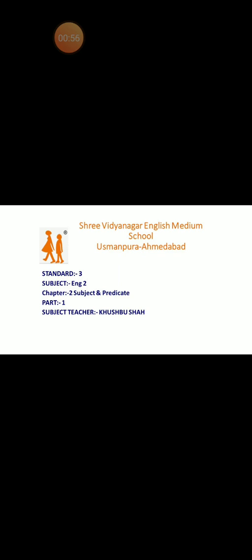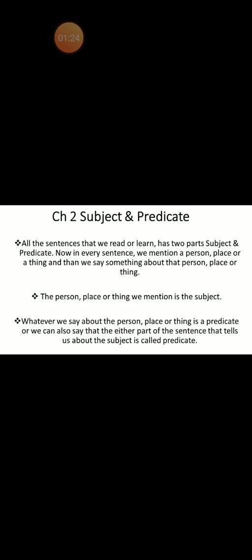The person, place, or thing which we mention is the subject. Now, you write about a person or a place or a thing. That is your subject. And whatever we say about a person, place, or a thing is a predicate.